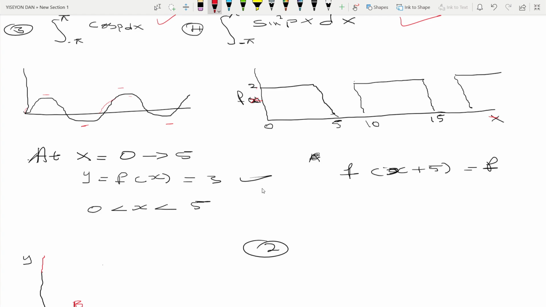So for x from 0 to 5, what is the value for y? The value for y is 3, as you can see clearly at this point. So the range of this is going to be in inequality format: x greater than 0 and x less than 5. So this is the interpretation of the range. So the range is 0 to 5.